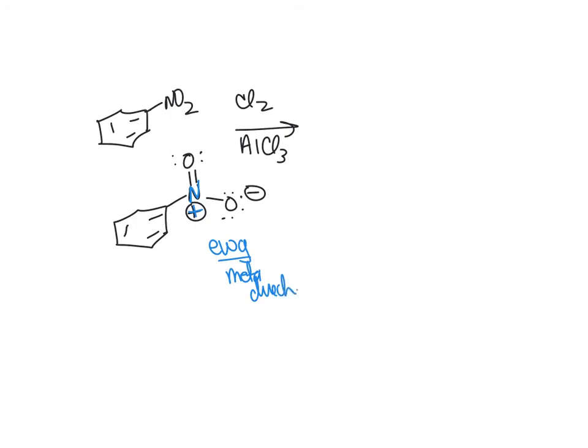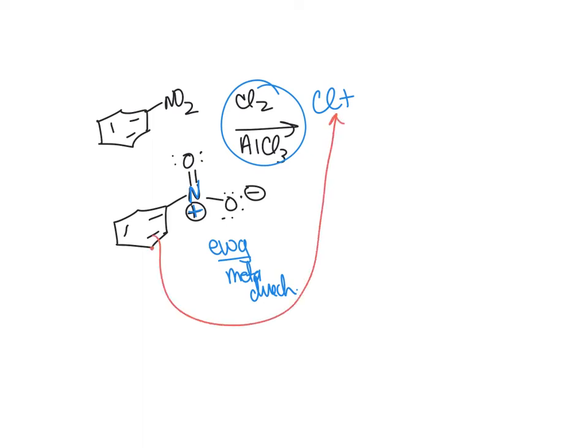So when we have this here and we get the electrophile chlorine, then we're going to go here to the meta. So this is going to add there. You can show your sigma complex. I would like for you to practice drawing these structures as much as possible.